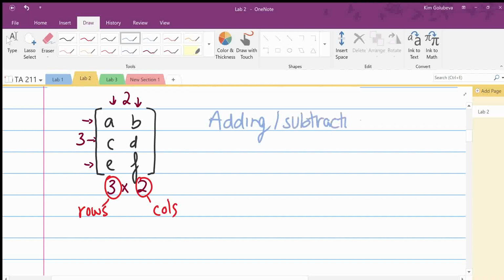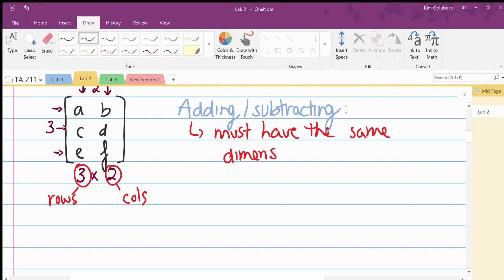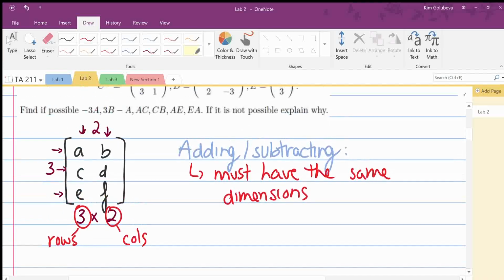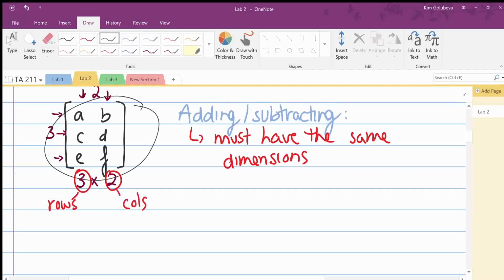For adding and subtracting matrices, the rule is they must have the same dimensions. If I were to try and add this matrix to this matrix here, it wouldn't work.